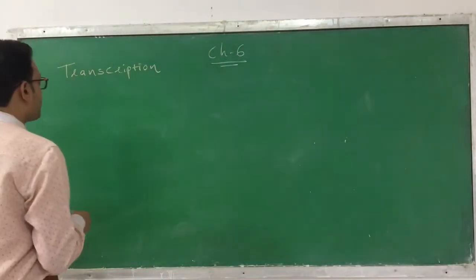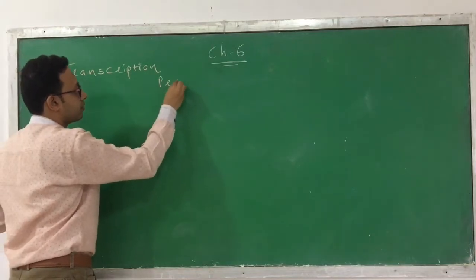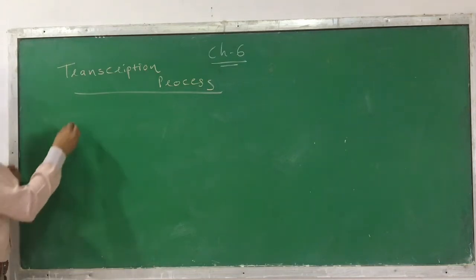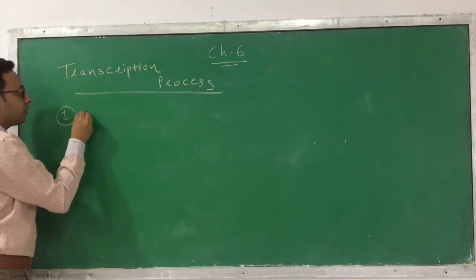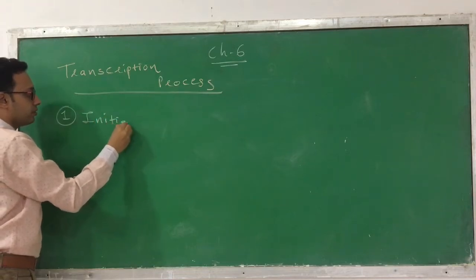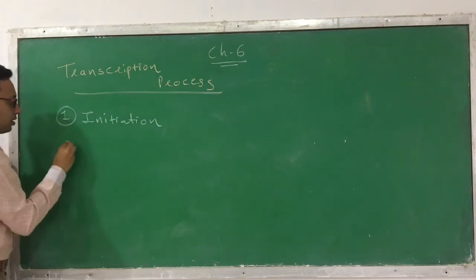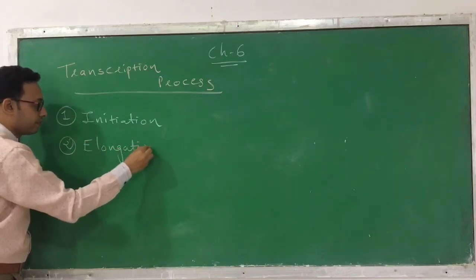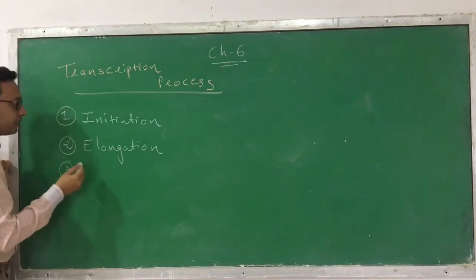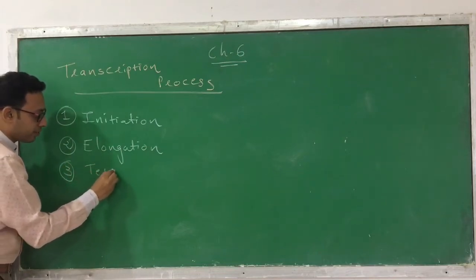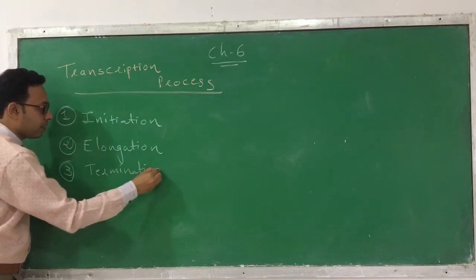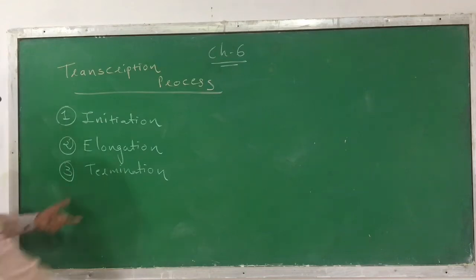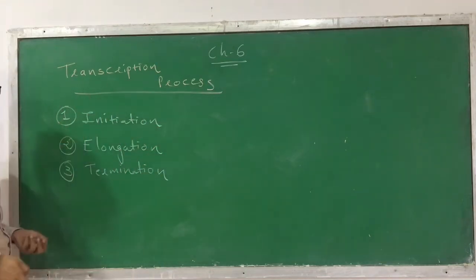The process occurs in three steps: the first is initiation, the second is elongation, and the third is termination. These are the three steps of the transcription process.